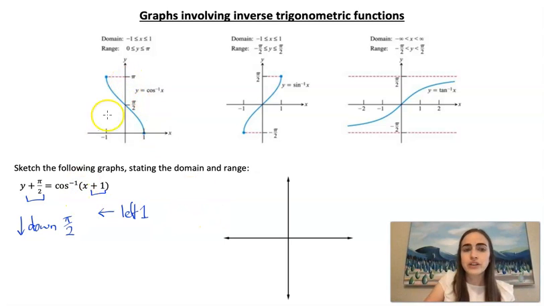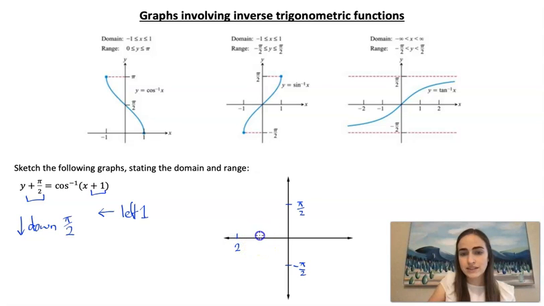So if we look at the down first, instead of going between pi and 0, we're going to go between pi on 2 down to minus pi on 2. It also means if we're shifting it left 1 unit, instead of it having a domain of minus 1 to 1, we're instead going to be going from minus 2 to 0.